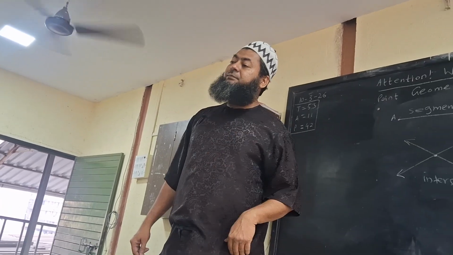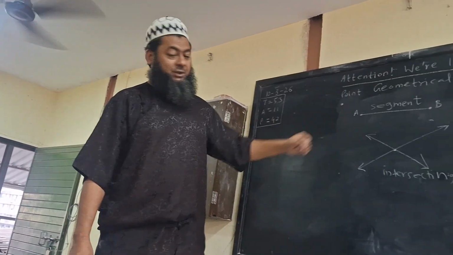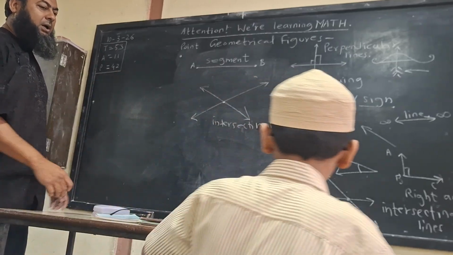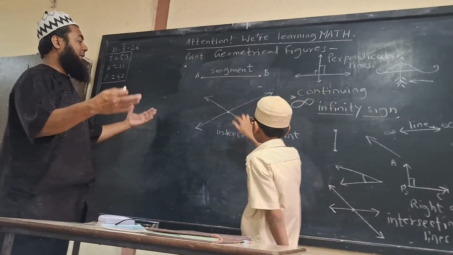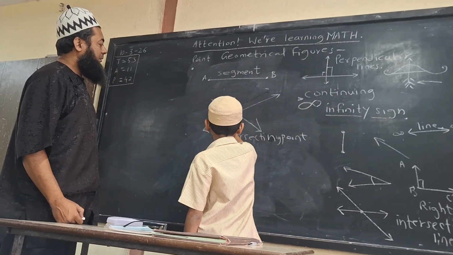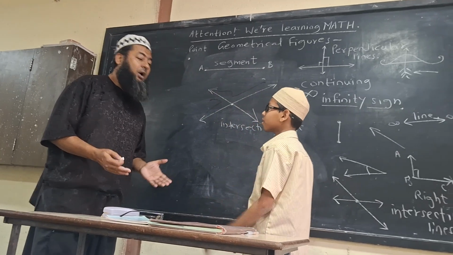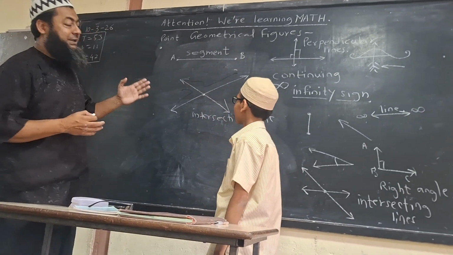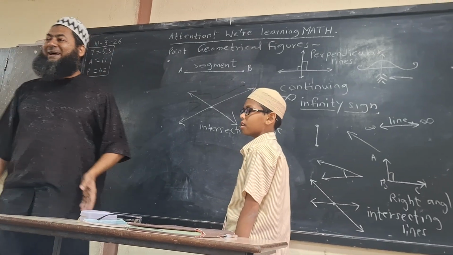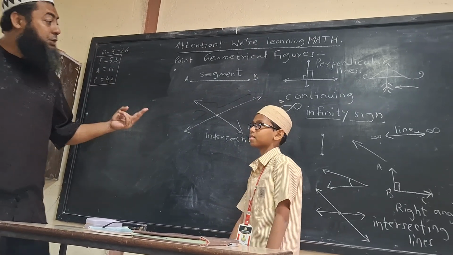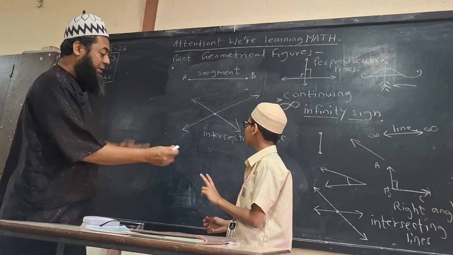How many angles do you get when two lines intersect each other? Come here. Count where the angles are. Say loudly whatever your answer is. So how many angles? 4 angles. And how many acute angles and how many obtuse angles are there? There are 2 acute angles.